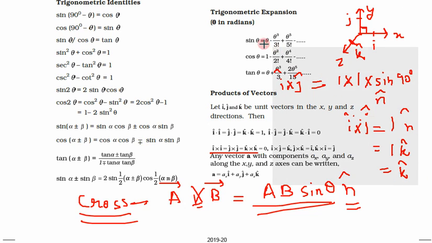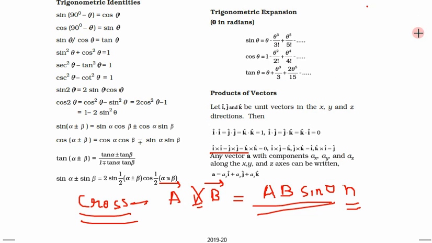Now let us see what is done for others. i cross j is equal to k. j cross k is equal to i. k cross i is equal to j. So we have to see in a cyclic manner. 1, 2, 3. So i, j and k.